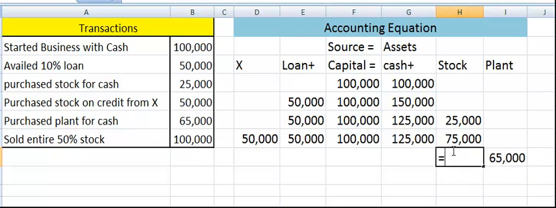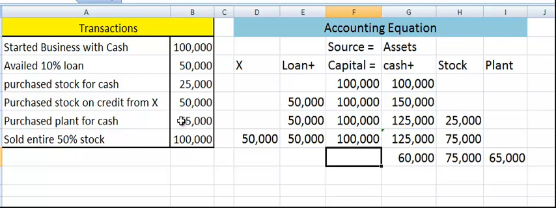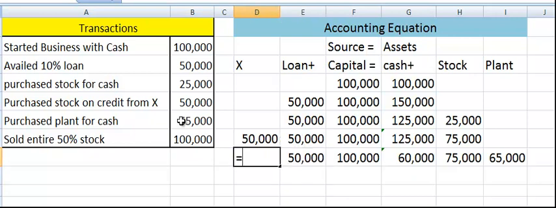No change in the stock. The cash will come down because you're purchasing it for cash, and no change in the capital, no change in the loan, and no change in Mr. X.